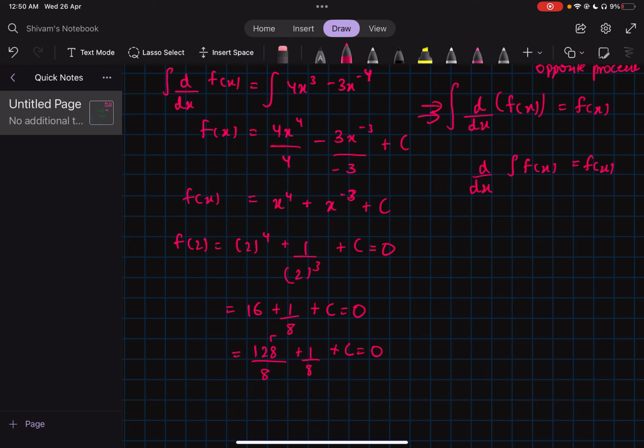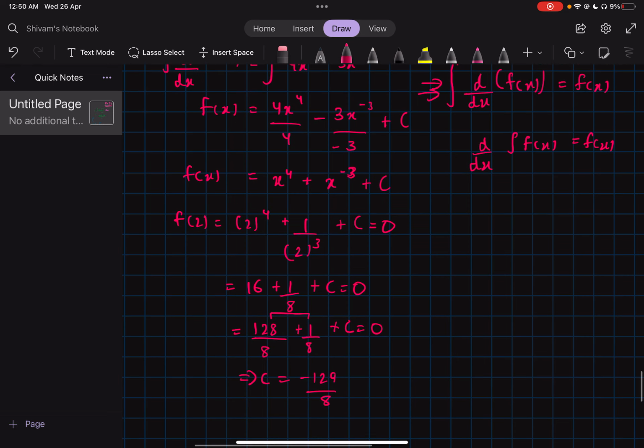I'm going to take these two to the other side. That's going to be negative 129 over 8. So the value of c is negative 129 over 8. The function finally is x to the fourth plus 1 over x to the third minus 129 over 8, which corresponds to option A in the NCERT. So that's the answer, it's option A.